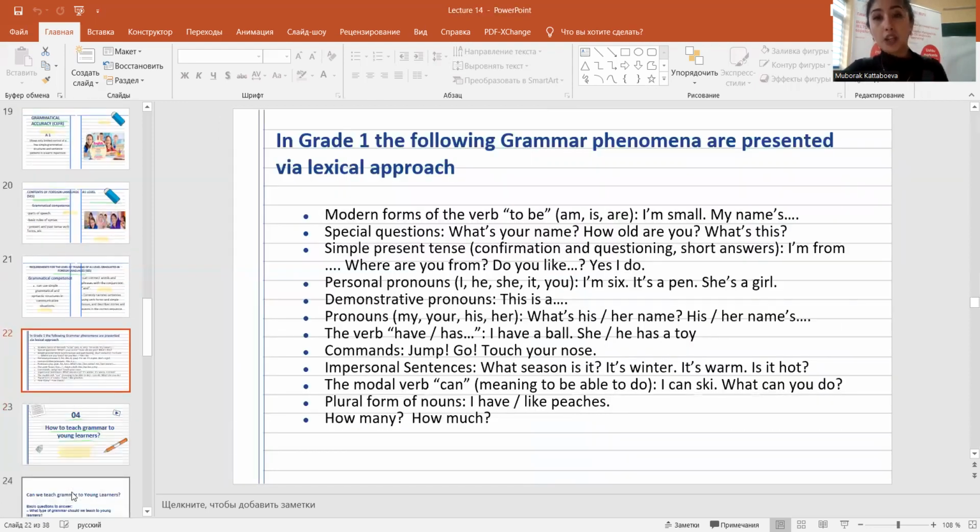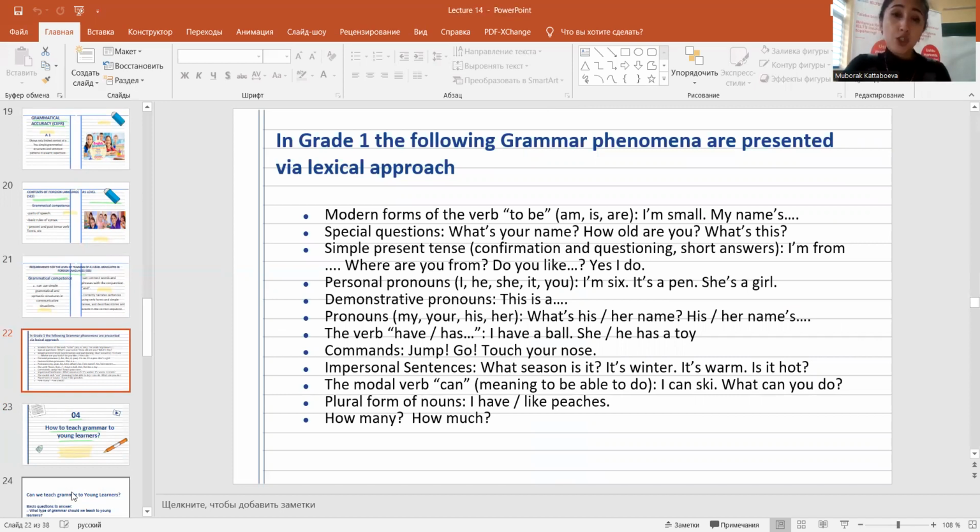in grammatical competence. In grade one, grammar phenomena are presented via lexical approach. So the focus usually here is the lexicology, the vocabulary students learn, and grammar phenomena is usually taught through lexical resources.